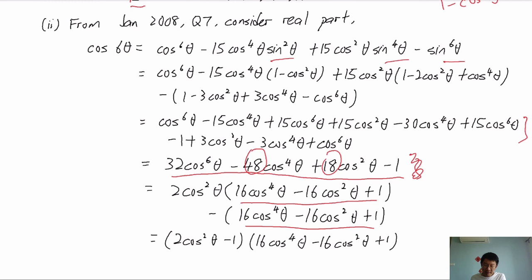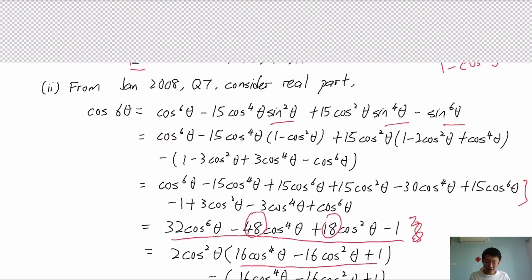By splitting the coefficients and writing it in this form, then only can we factorize out this thing in the bracket, and before that it will end up with 2 cos squared theta minus 1. Just try to factorize and give what the question requires. That will be for the second part.